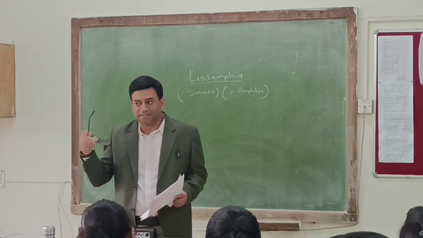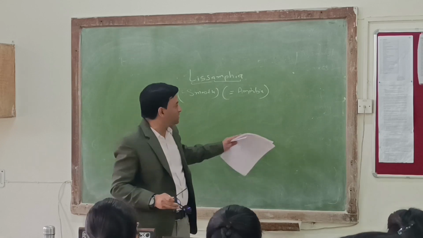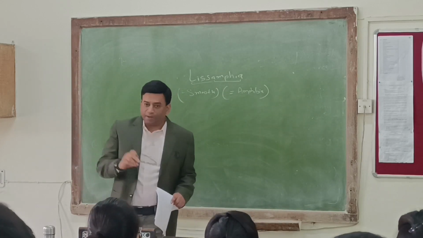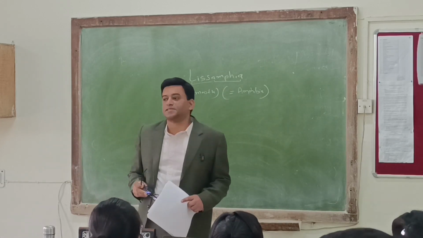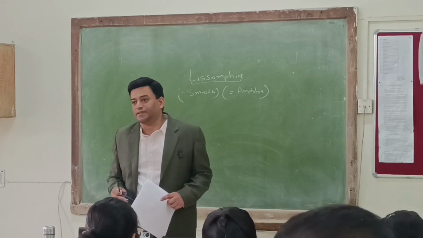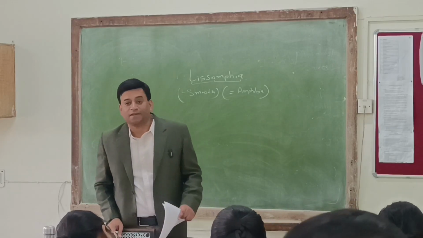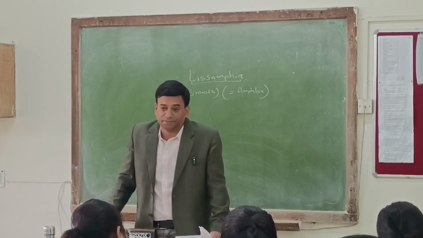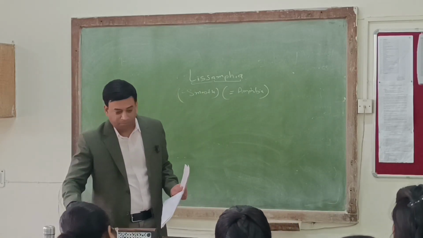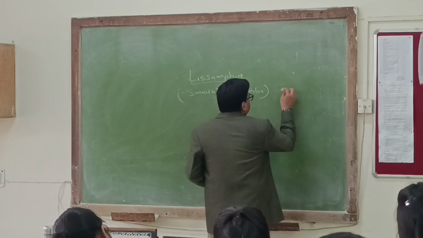Keep on writing extinct, extinct, extinct. This is the only present day amphibian, because after the Carboniferous period there was a Permian period, and at the end of Permian there was a mass extinction which is called the Permian mass extinction.